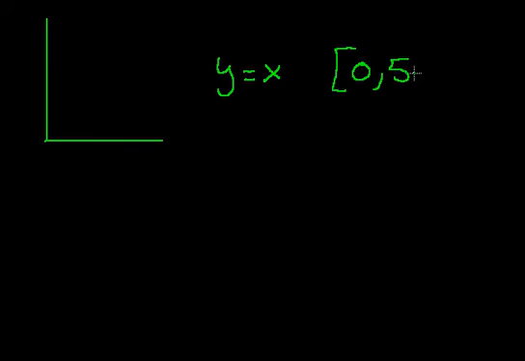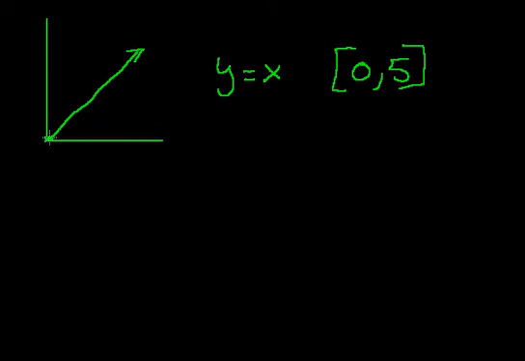Let's say we were looking at the function y equals x on the interval from 0 to 5. So the graph would look something like this. It's just y equals x.